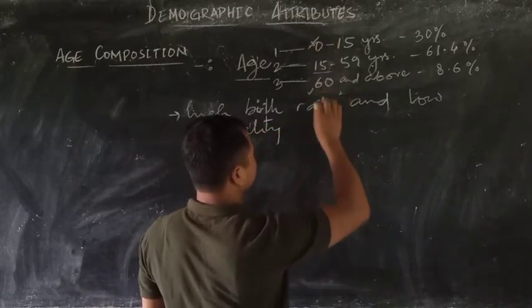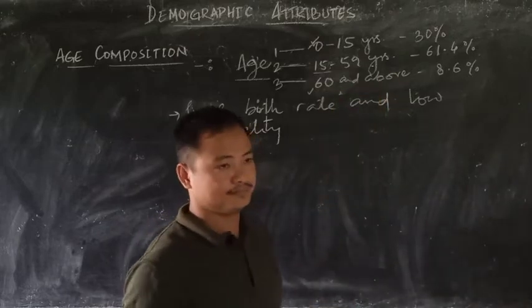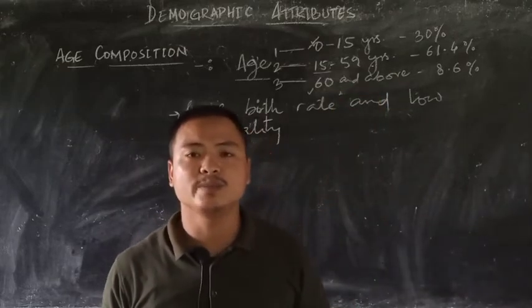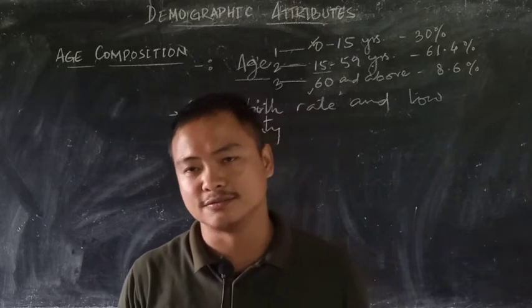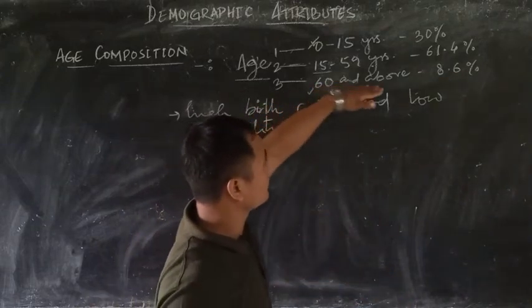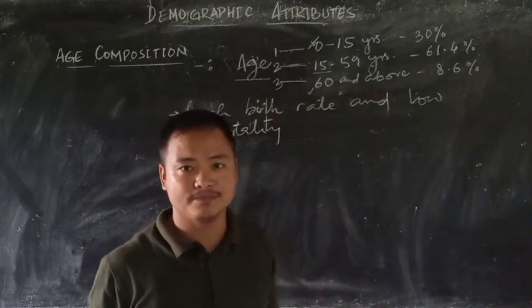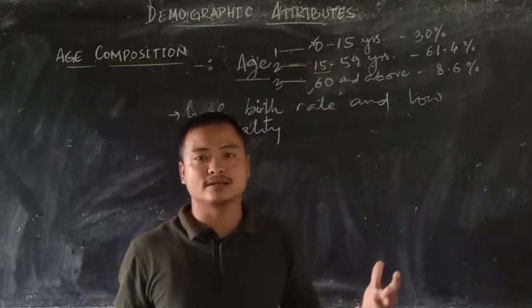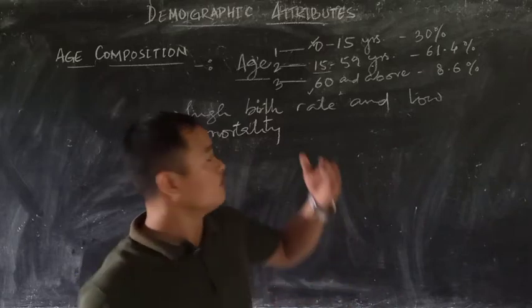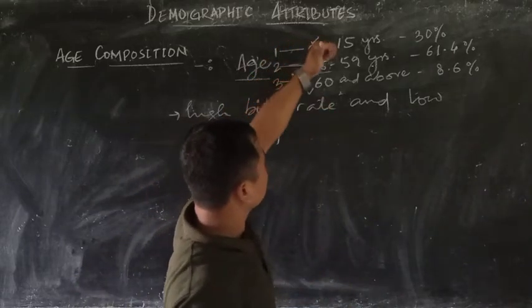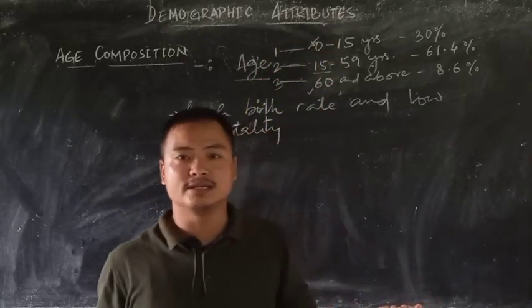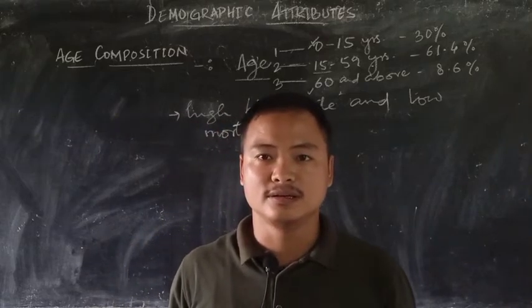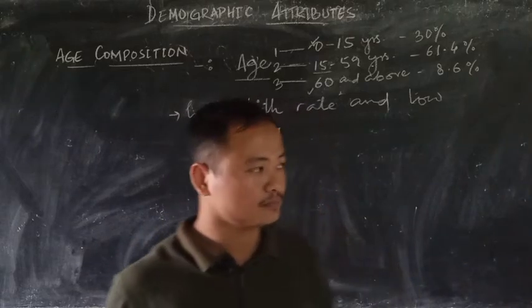Now this 0 to 15 and 60 and above are considered to be dependent groups because they are unproductive. One, because 60 and above is mostly considered old people and they cannot perform much work, while the age group between 0 to 15 is very young children who are again unproductive.